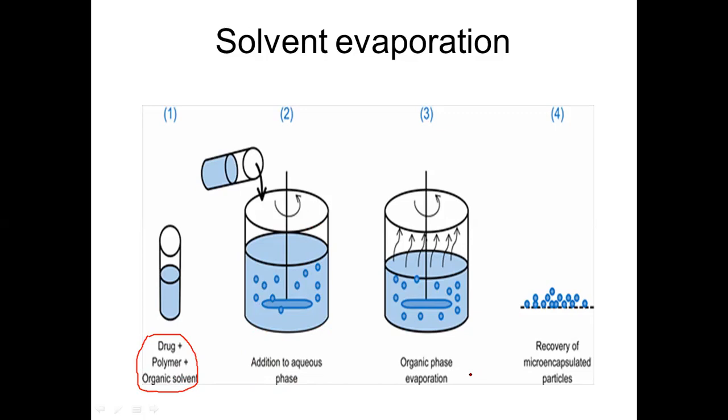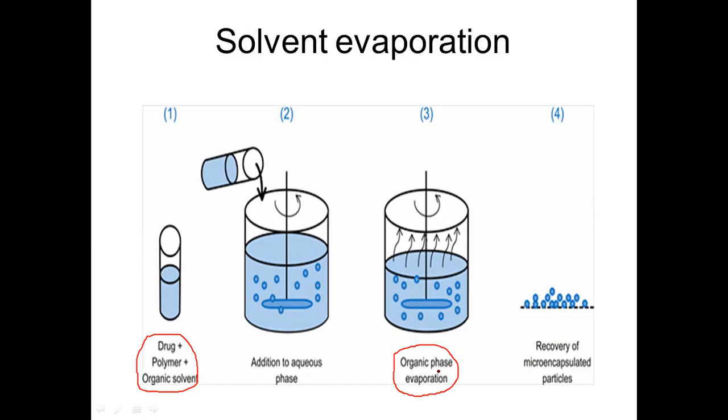Then at the end of the process, the evaporation phase will be carried out. Organic phase evaporation will be carried out, where whatever liquid remains after the specific agitation gets evaporated, and finally we recover the microencapsulated particles. It is the simplest method that is used.